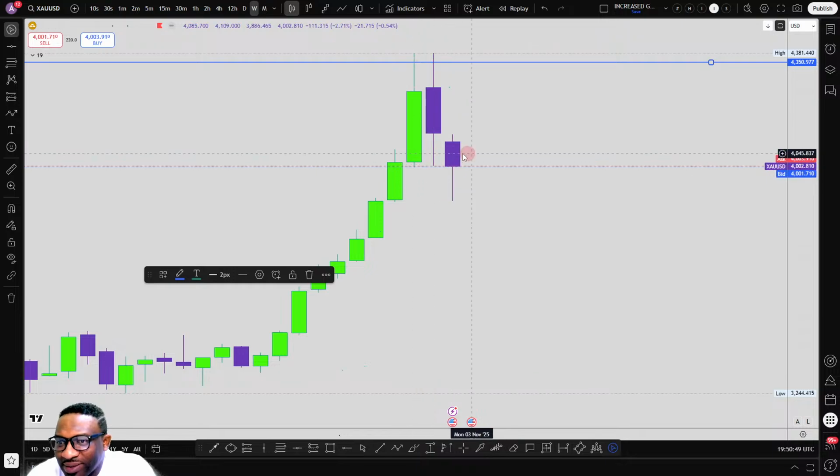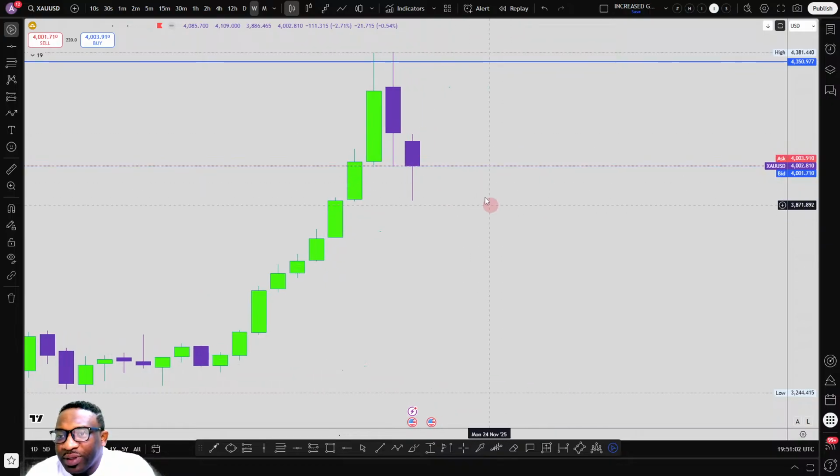So we've had these sells to this point, as we indicated, the 3950 zone. Currently we have price getting to the 4350 key level, and then price being rejected from there.